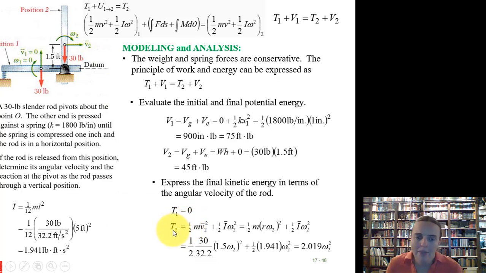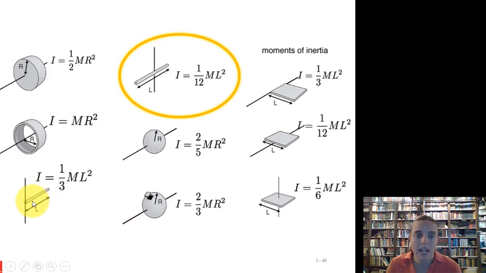Okay, so we have the final condition, and this is where fixed axis rotation comes in. So you have to really think about how you're going to include your moment of inertia. So it's not rotating around the center of mass anymore. And so we have to add in 2 terms here, because if you look up inertia in the tables, okay, you can get a rod going around the very end, but this is not rotating around the very end.